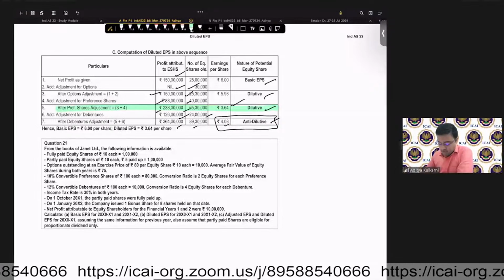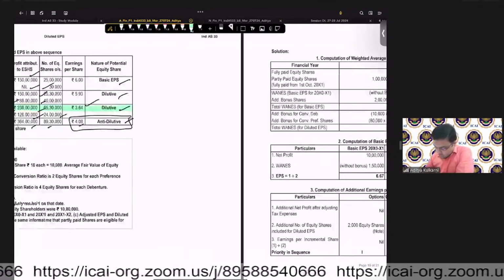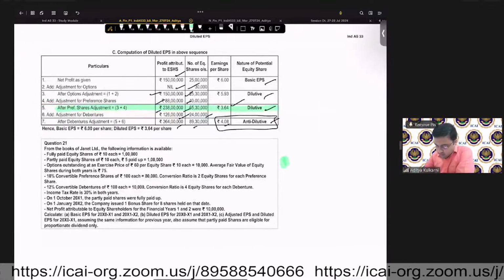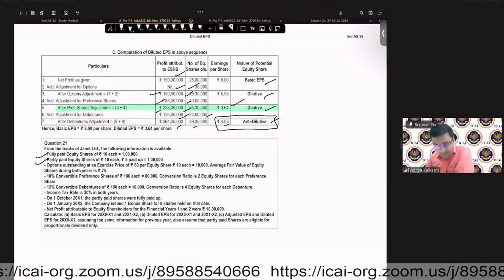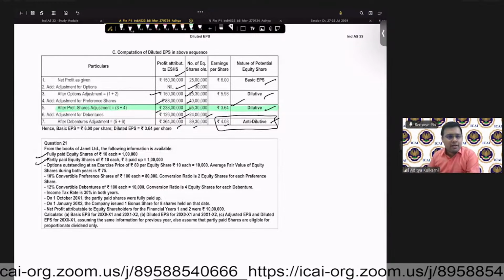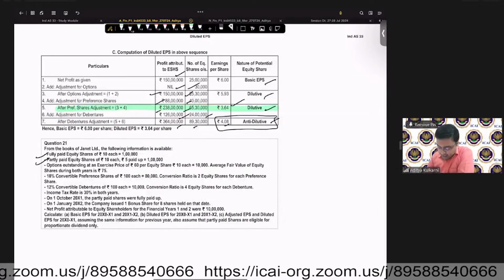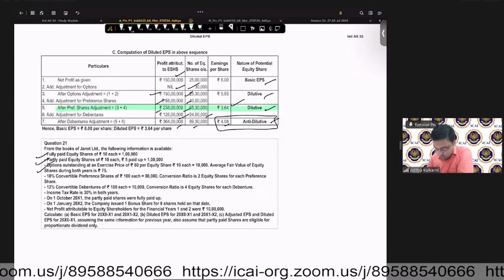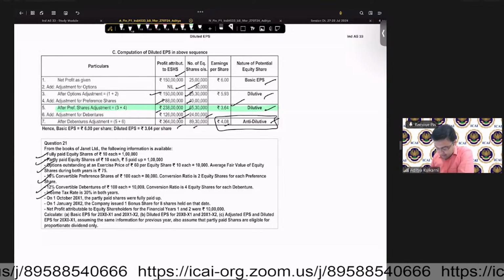So coming to question number 21, I leave this for homework because it is on similar grounds. Fully paid, partly paid. We are just combining all the concepts we have studied so far: fully paid, partly paid, outstanding options, convertible preference shares, convertible debentures, income tax.